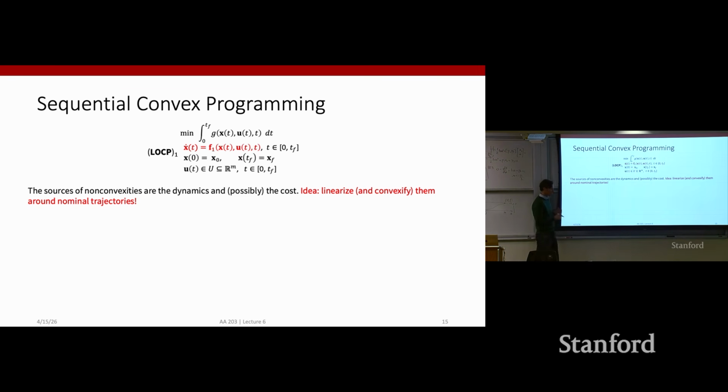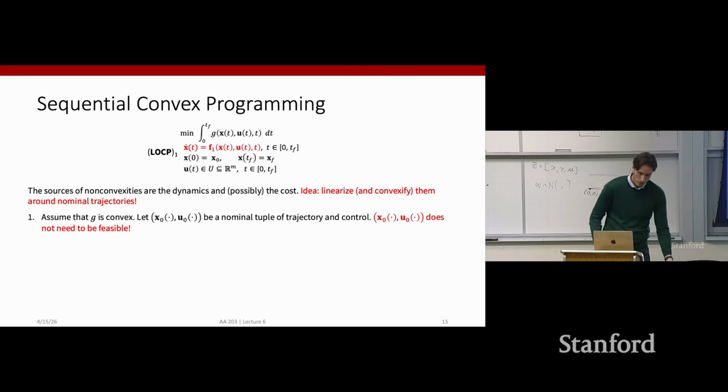So the idea of sequential convex programming is to linearize and convexify the dynamics and cost around nominal trajectories, solve this problem, get a new nominal trajectory, reconvexify, relinearize, and keep iterating this until we get a better solution. But let's look at this a little bit more in detail.